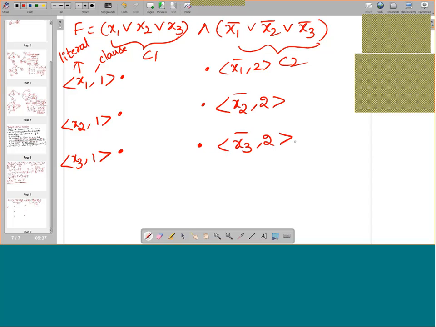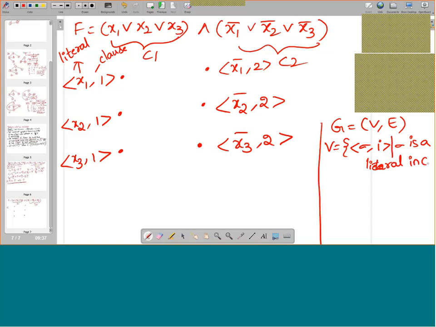Last class we have discussed this: G equal to (V, E), where V equal to the set of (sigma, i), where sigma is a literal in Ci.